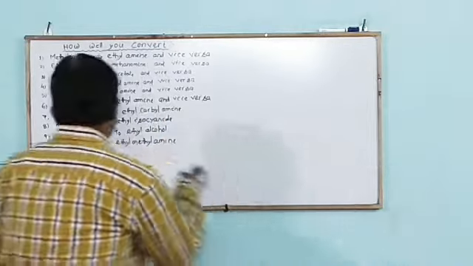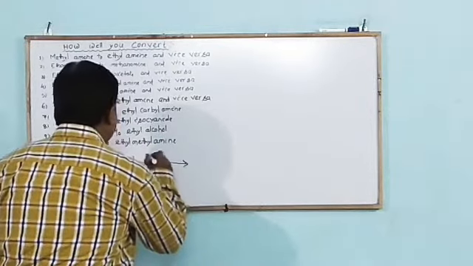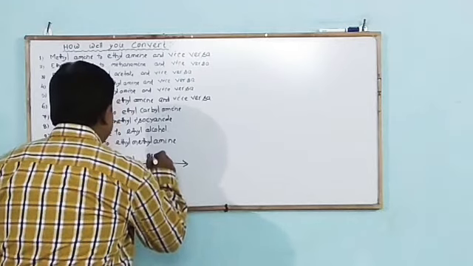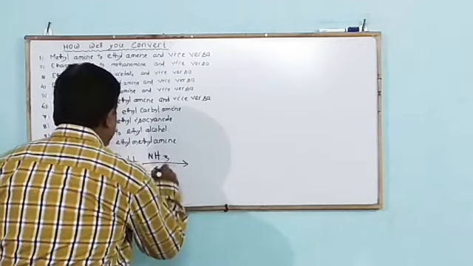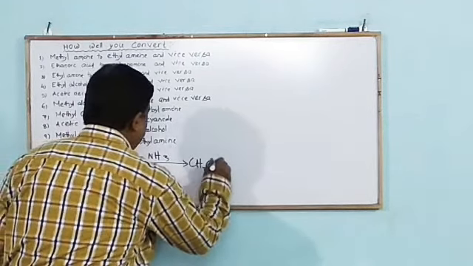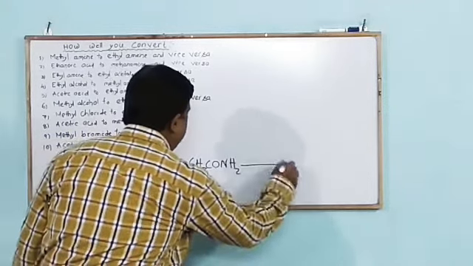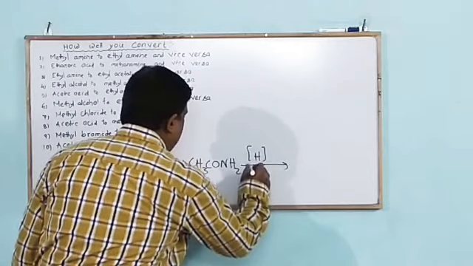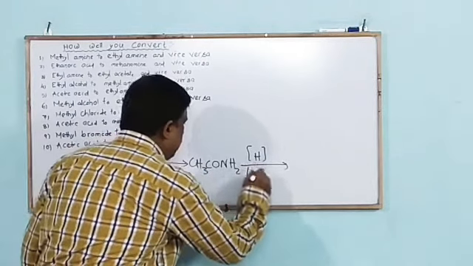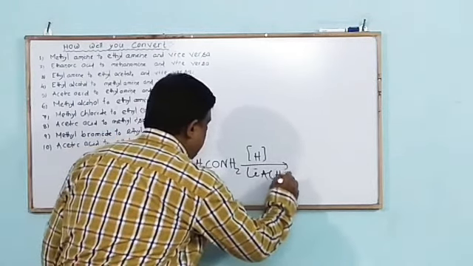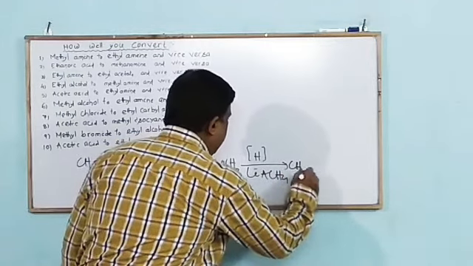Acetic acid heated with ammonia forms acetamide. Acetamide, when it undergoes reduction in presence of LiAlH4, will form ethylamine.